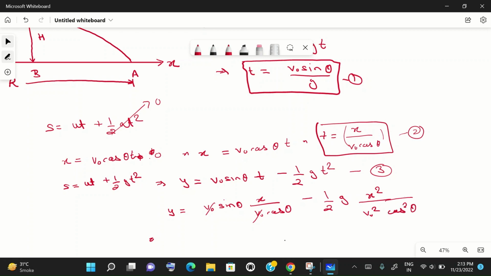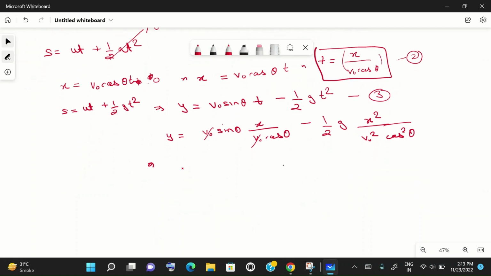So y will become x into sin theta upon cos theta, which is tan theta, minus half g upon v naught square cos square theta into x square.